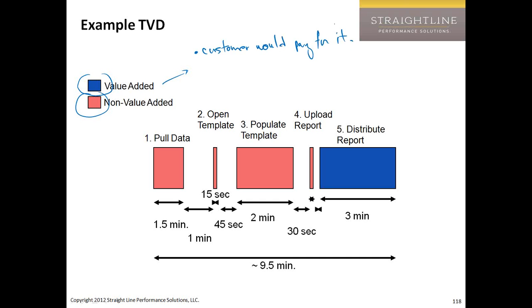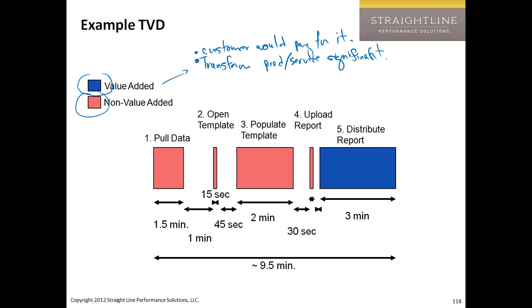However, there are a lot of things that the customer wouldn't pay for that are necessary, and those essentially transform the product or service in a significant way. What do I mean by that? Suppose you're making furniture, and one of the process steps is to cut the leg of a table out from a block.